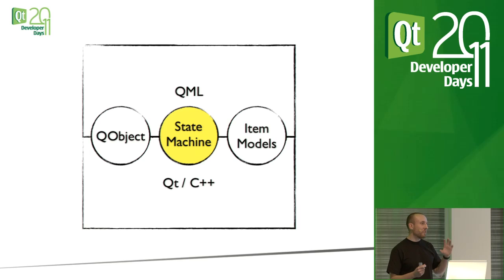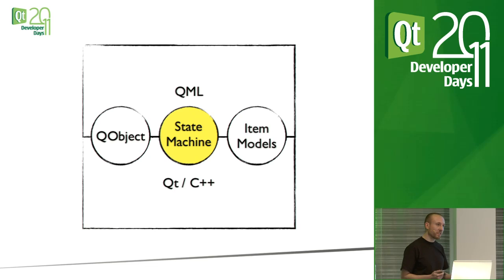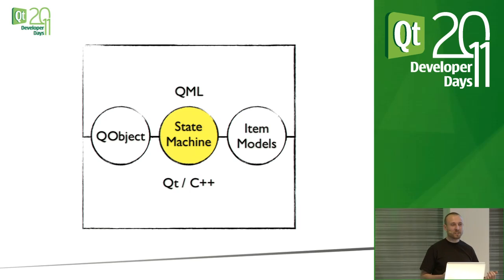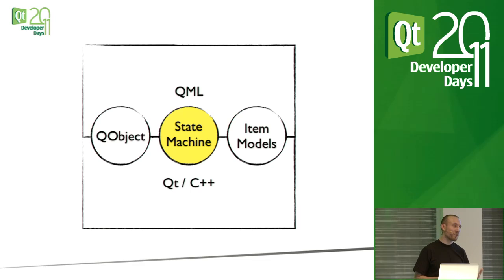The problem is almost a naming issue. Because when I think of a state machine and states, I think of the concept of state charts. So if you are software engineers, you probably heard about state charts when you were in university or college. It's a very well-known computer science concept.